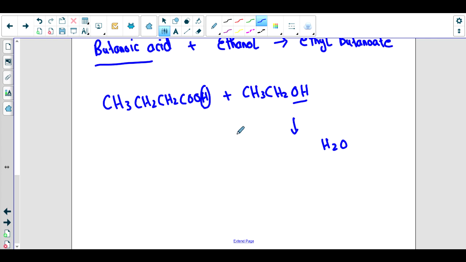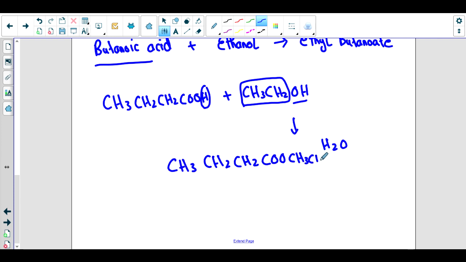And in place of this hydrogen, just put the alkyl part. So you have CH3, CH2, CH2, C double bond O, and here you just put CH3, CH2, like that. You can finish. It can also be CH2, CH3, it doesn't make any difference when you are writing.